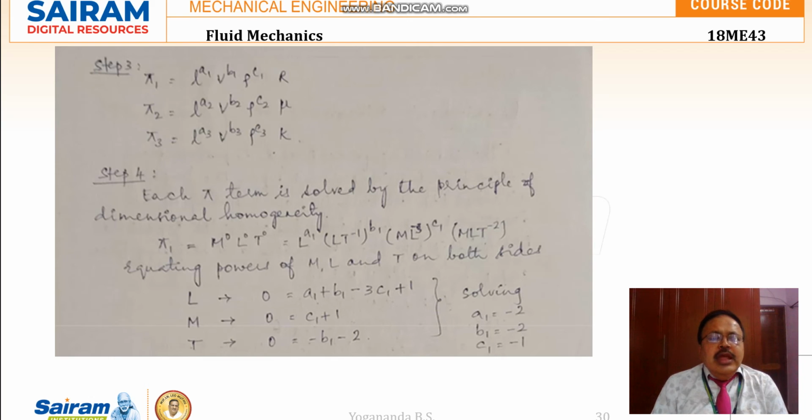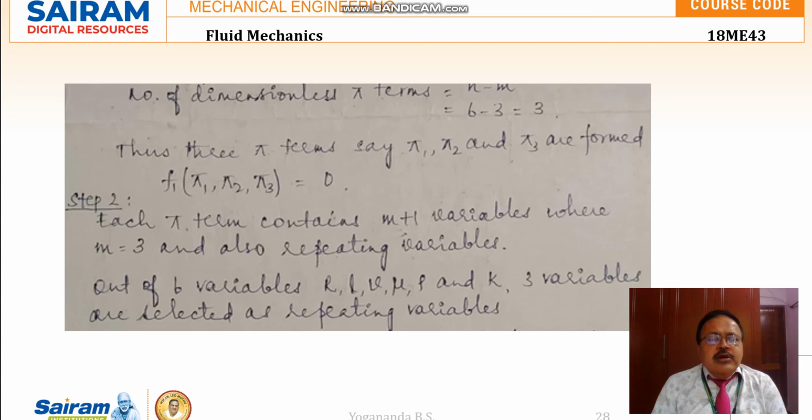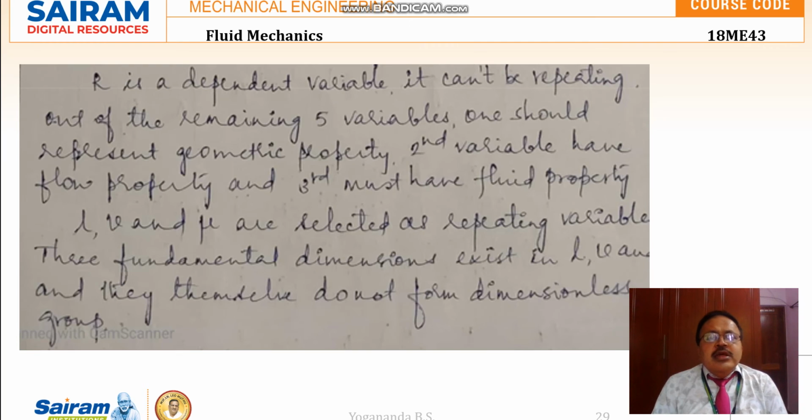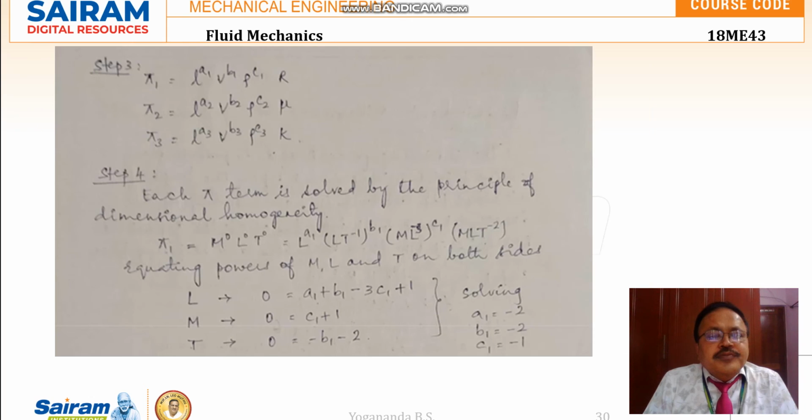The other three variables left out of the 6 are written at the end of each pi term: R, mu and K. Now each pi term will be solved by the principle of dimensional homogeneity.